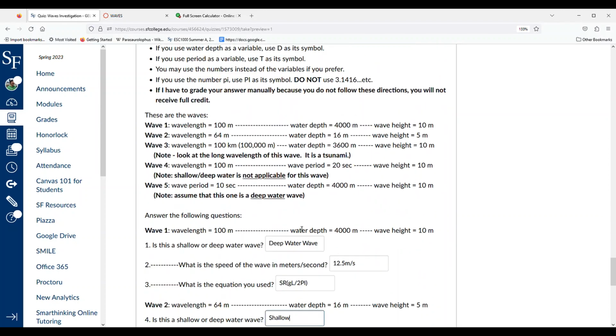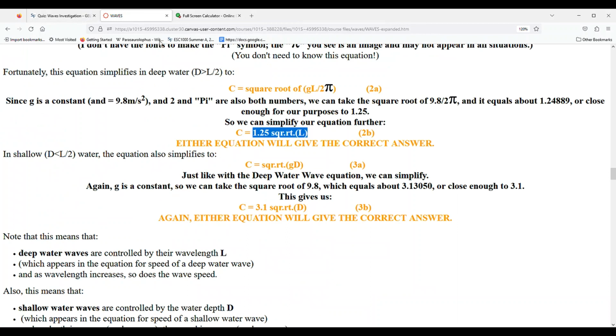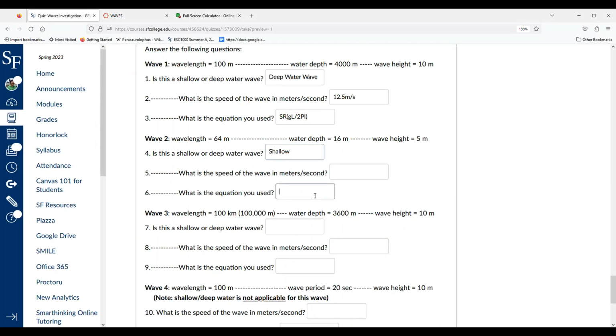So what's the speed of a shallow water wave? Well, if we go to our shallow water wave equation, we can either use the square root of gravity times depth, or we're going to be simpler here, 3.1 times the square root of depth. Okay, and so depth here is 16 meters.